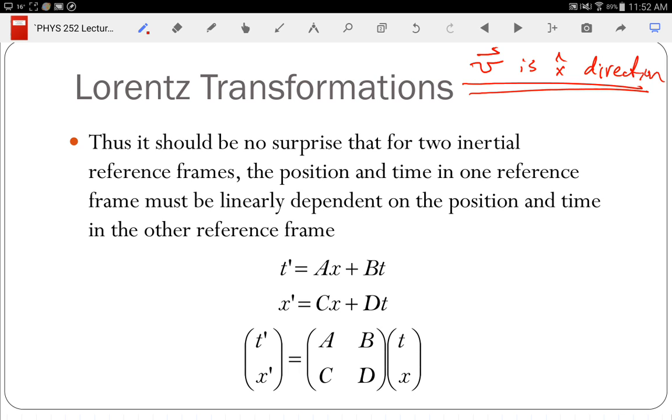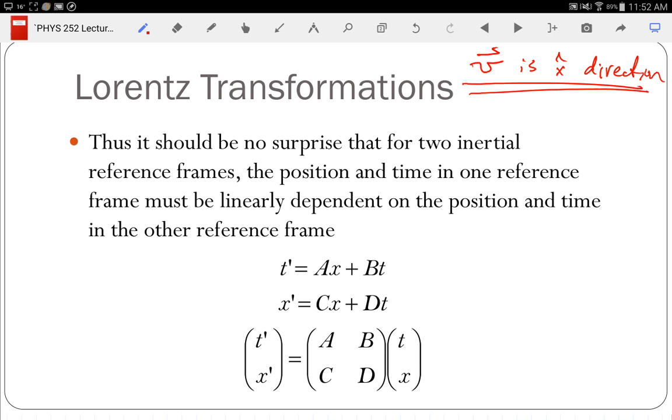So what we're doing here is defining the x direction to be the direction that the S prime frame is moving with respect to the S frame. Right? Because you have to define your direction some way. And we just choose to say, okay, whatever direction that one's moving with respect to this frame, that's my x direction. Why do we do that?